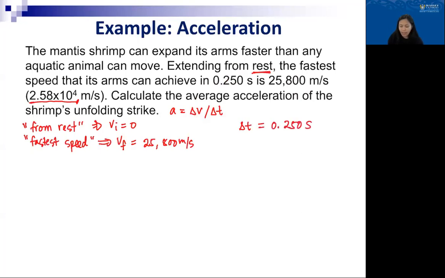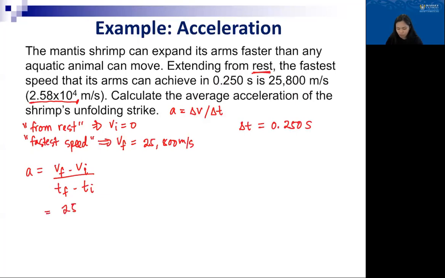So you actually have everything, even though only two numbers are explicitly given. You can actually solve for the acceleration because you know everything: V final minus V initial over the time interval.